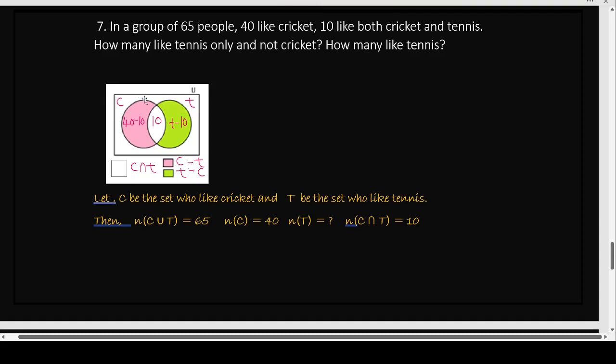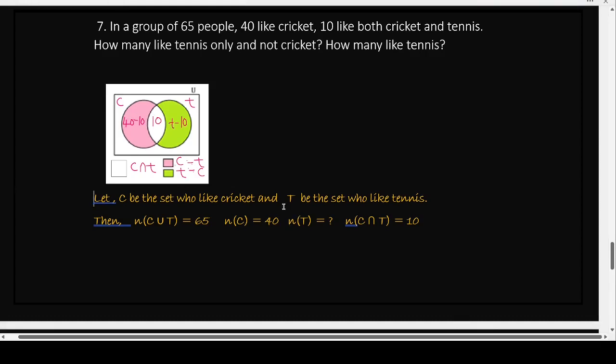C union T means all the people who like cricket or tennis or both is 65. Remember, cricket, tennis or both. Next, n(C) is 40, meaning the people who like cricket and the people who like both cricket and tennis, including this. This is the C circle. n(T) is what we wanted. And n(C intersection T) is 10, those who love both cricket and tennis.